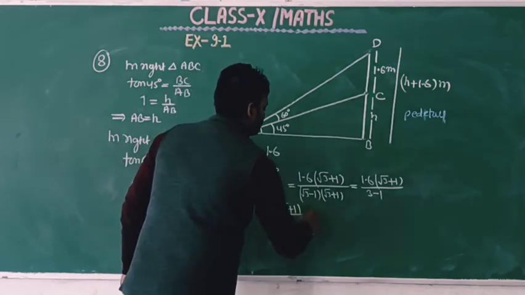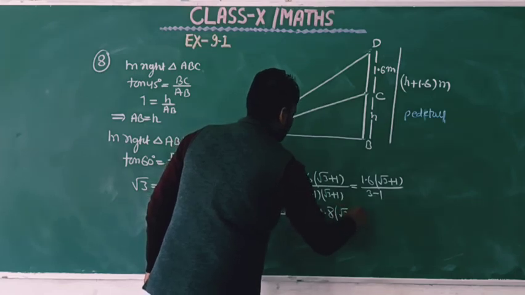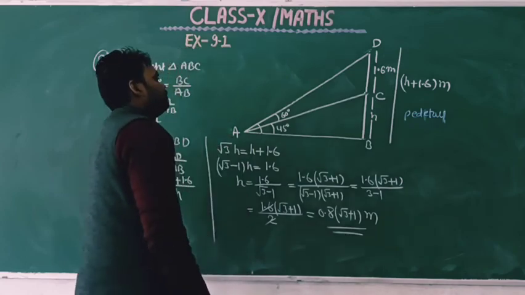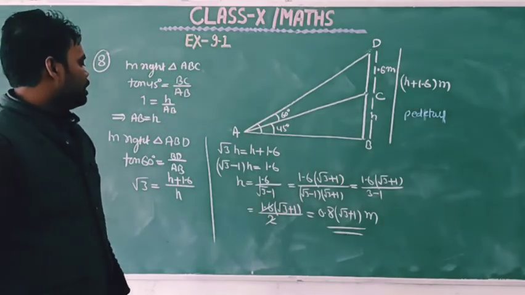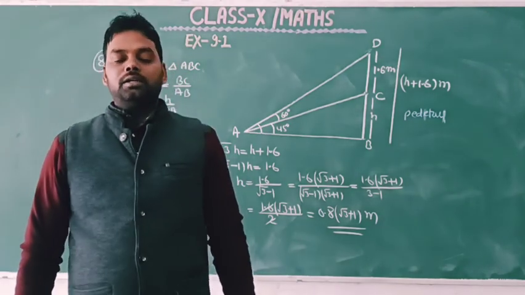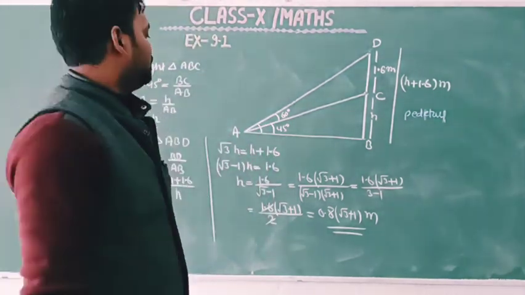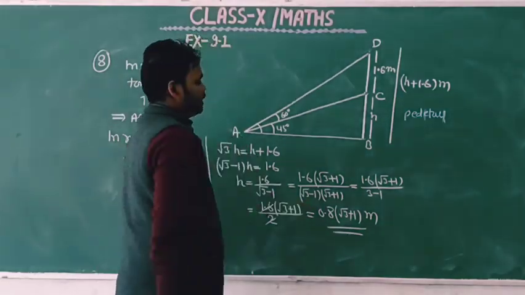This is 0.8 times root 3 plus 1. So the height of the pedestal is 0.8(root 3 plus 1) meter. This is the required height of the pedestal.